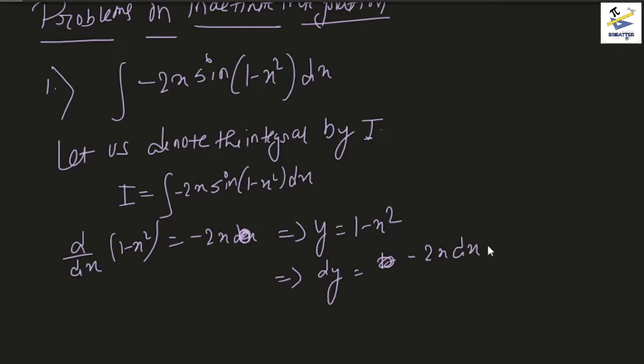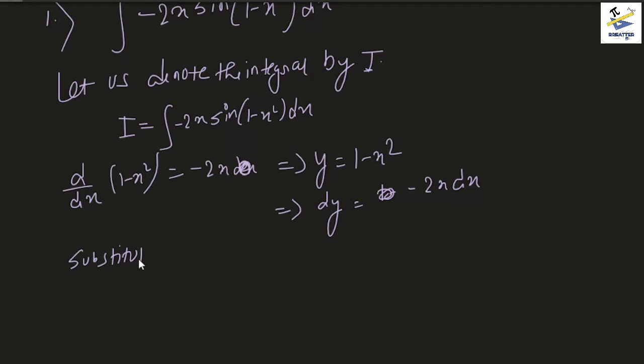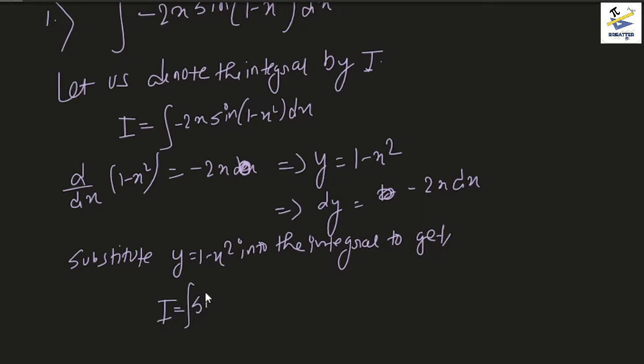So dy is minus 2x dx and y is 1 minus x square, which we can substitute in the integral to get I equals the integral of sine of y dy, which we already know as minus cosine of y plus c, and we can substitute back the answer, which is minus cosine of 1 minus x square plus c.